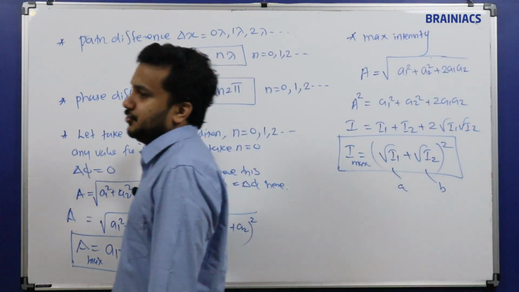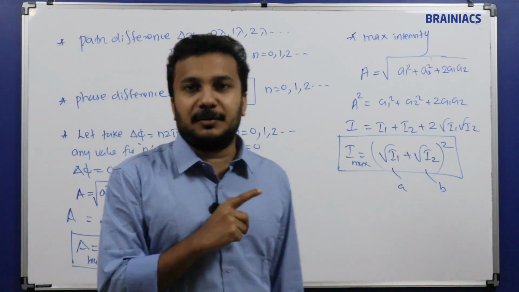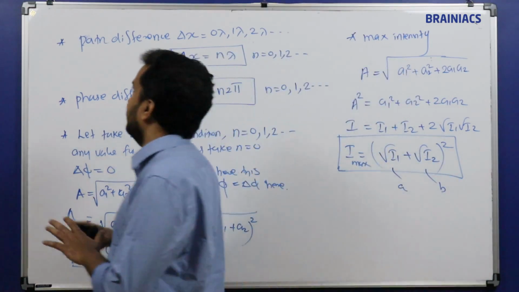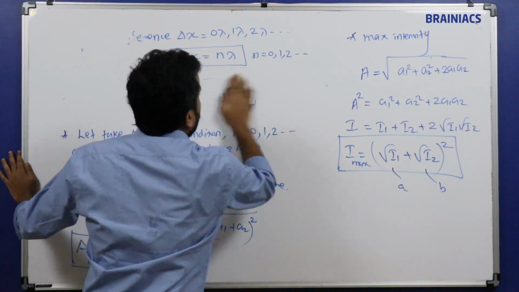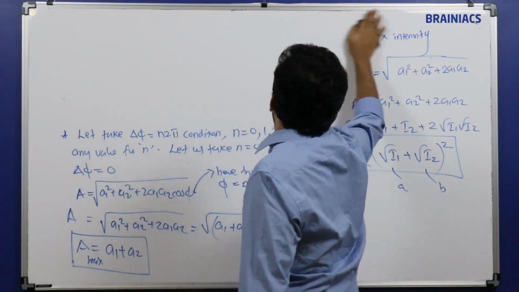We have the conditions in the board. Next topic is what? Conditions for minimum intensity. That's another topic. So please write the heading called conditions for minimum intensity.